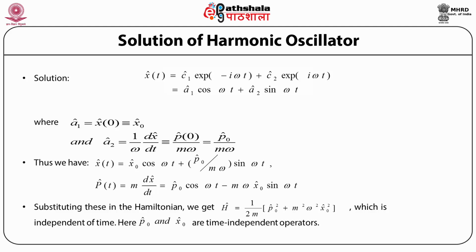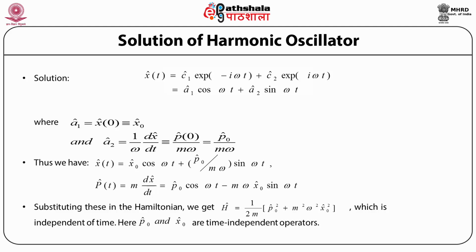Similarly, we can also write the equation for the momentum operator as a function of time, and this is equal to mass times the derivative of the position operator x with respect to time, and this turns out to be equal to operator p naught cos omega t minus mass times angular frequency times operator x naught times sine omega t.